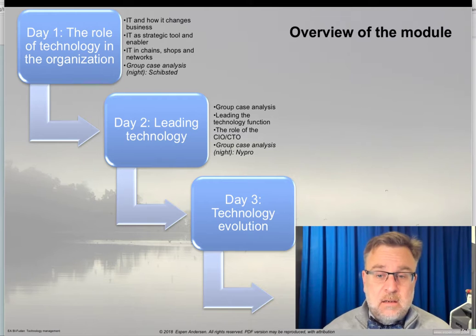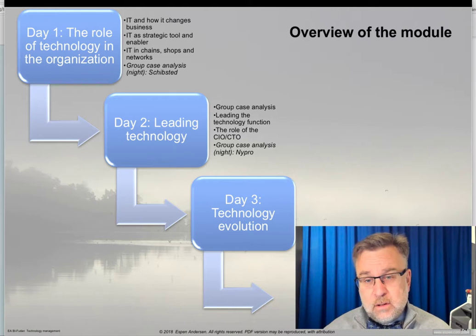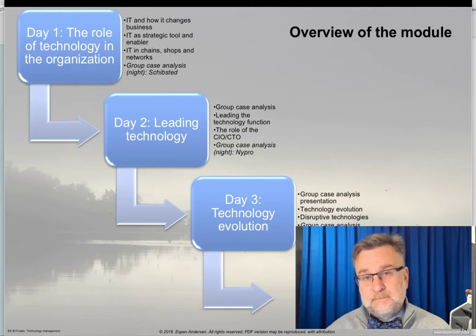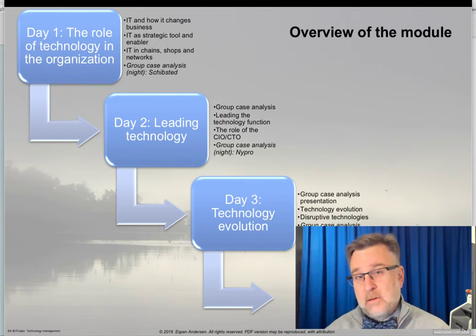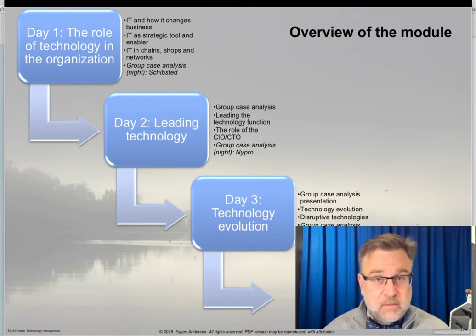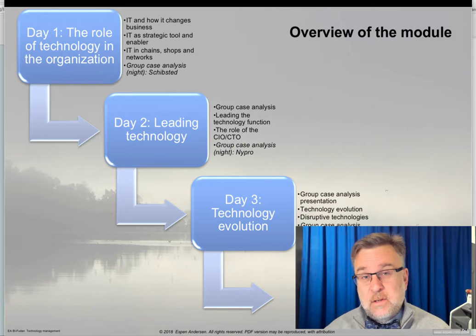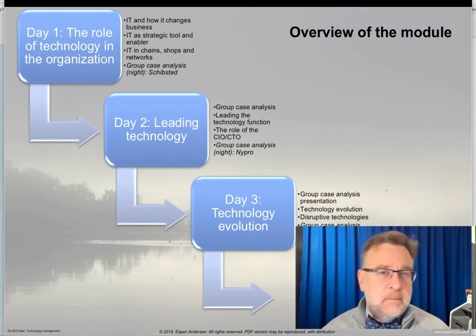Day 3, technology evolution. We'll talk about how technology changes over time. In particular, we'll talk about something called technology disruption, or disruptive technology or disruptive innovations, which is a concept developed mainly by a Harvard professor named Clay Christensen, and we'll try to explore that in some depth, because it is very, very important.